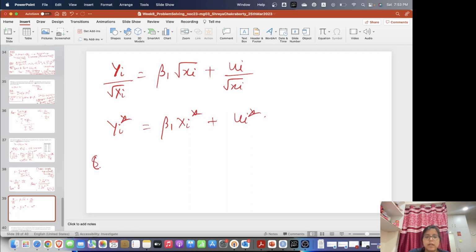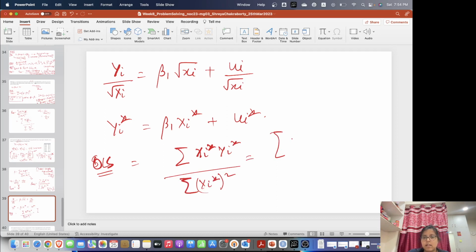So then the OLS estimator will be summation xi star yi star by summation xi star whole square, which is nothing but xi star is root xi, into yi star is yi by root xi, by summation xi star is root xi whole square.